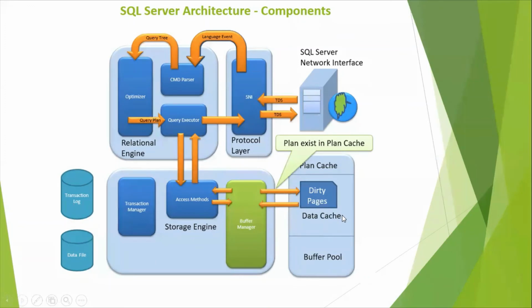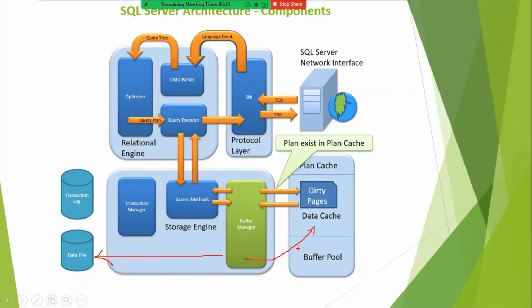If the pages are not available, then the buffer manager will connect to the data file and get the pages which are required. It gets the pages from the data file and places them in the data cache.